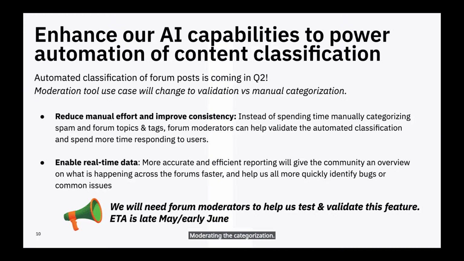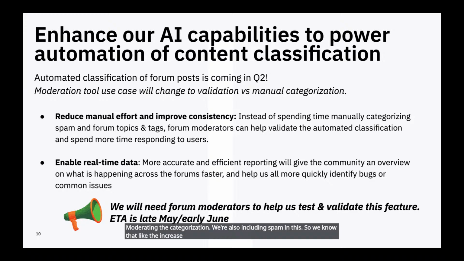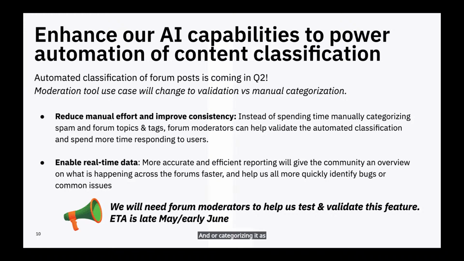We're also including spam in this. We know that the increase of spam has made your time spent in the moderation queues go up. We acknowledge that, and we want to do a better job of filtering that out and or categorizing it as spam so that those are out of the way, again, to enable you to spend more time responding.